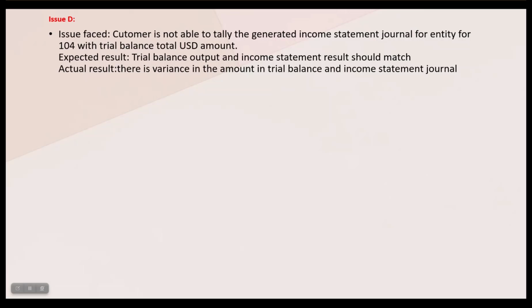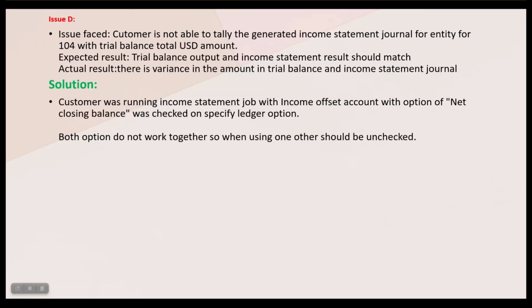The issue here is the customer was running the income statement job with the income offset account option while the net closing balance option was checked on specified ledger options. Both options don't work together, so when using one, the other should be unchecked.